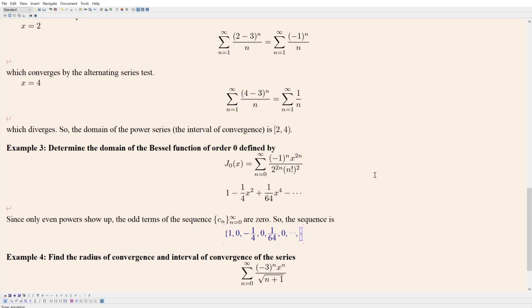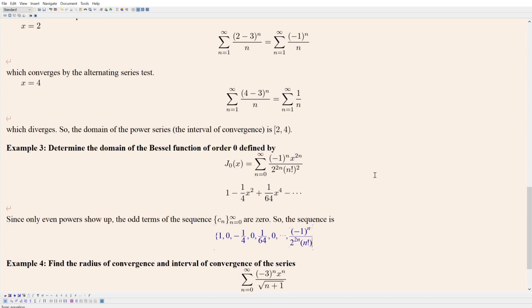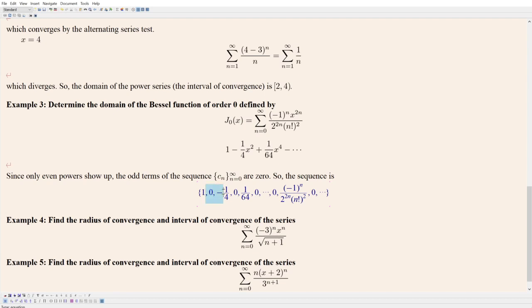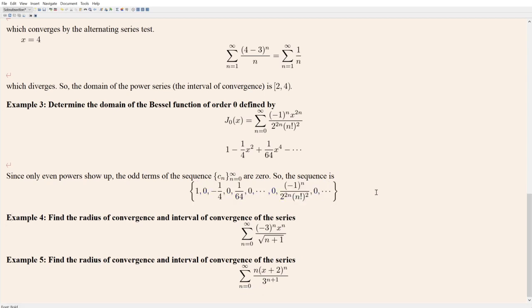Otherwise, it'll be 0. So let me indicate it like this, with zeros on either side. Also, these brackets are not great. Let me do the better ones, the ones that actually fit the height.